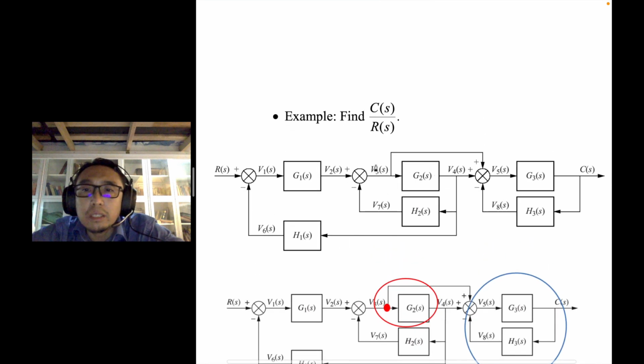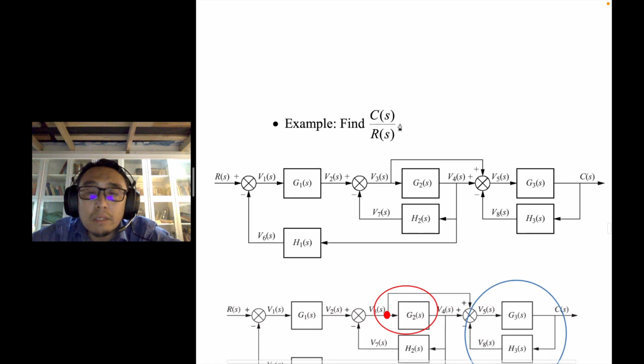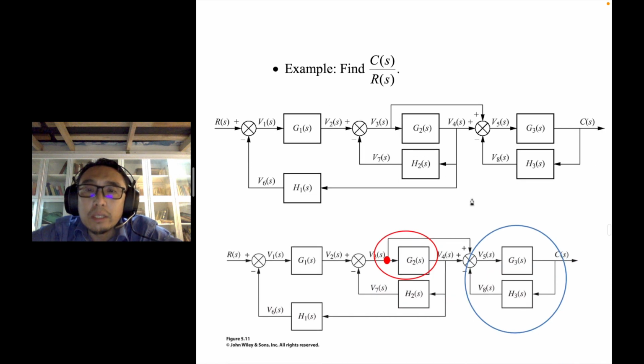You can see again this example is available in the textbook. In this example, the parallel and feedback forms are not really clear, especially in this part of the block diagram. It's not really clear whether you have parallel, cascade, or feedback form.